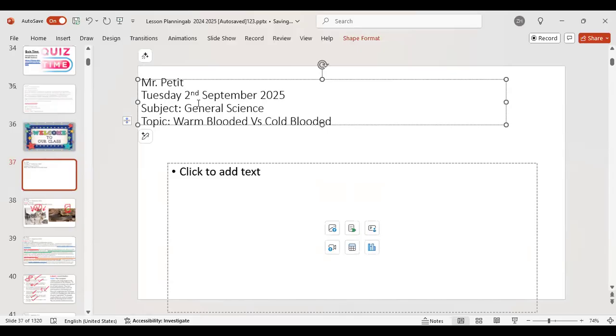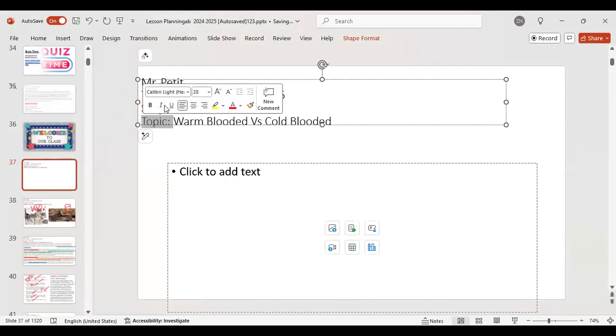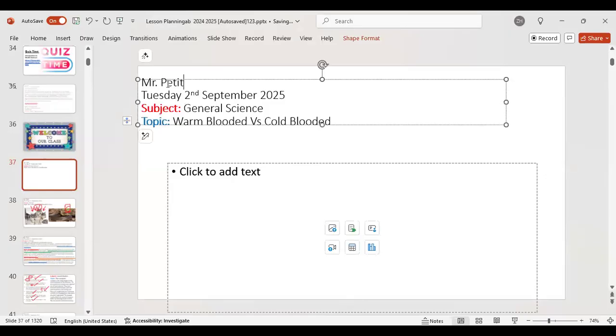Wolves and snakes. Warm-blooded versus cold-blooded. All right, so that's what we're looking at.